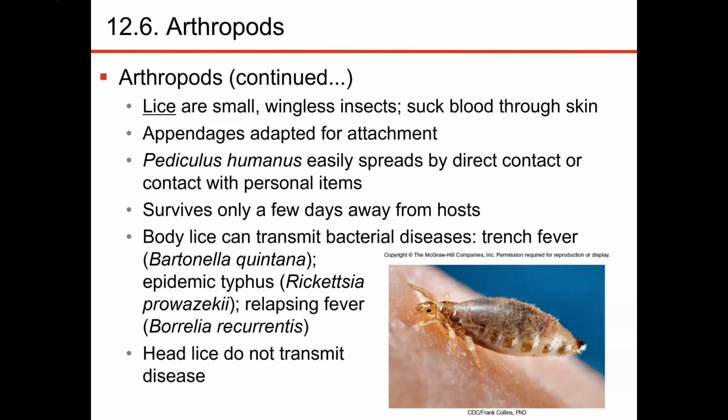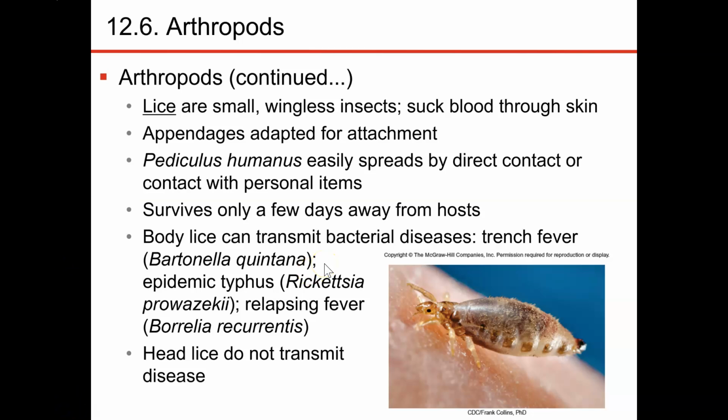Head lice, they don't actually spread any disease, but they can cause secondary infections by the itching that they cause. They're more often psychologically detrimental because people that have head lice, or if they have head lice in the family, they're stressing out over the disease.